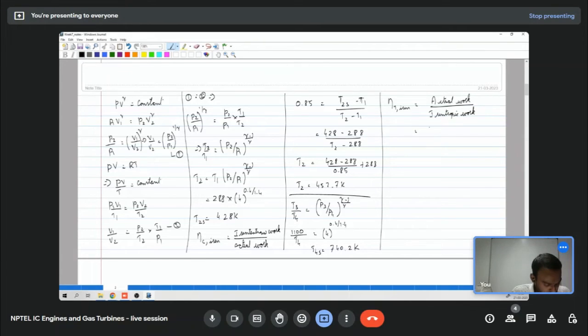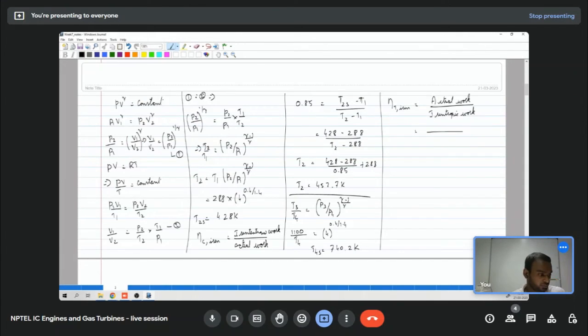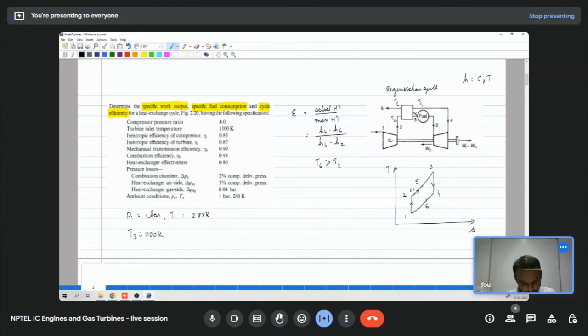In actual we have T3 minus T4. In isentropic we have T3 minus T4s, and this isentropic efficiency is given as 0.87.